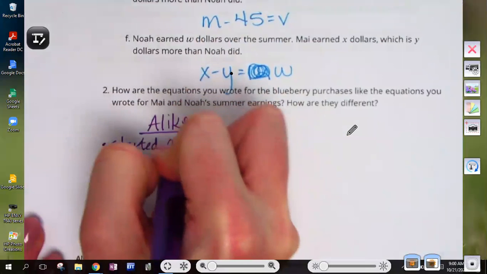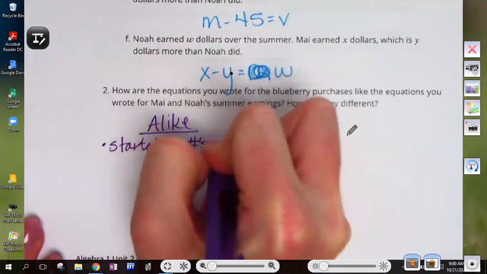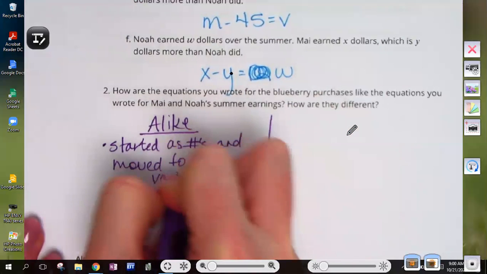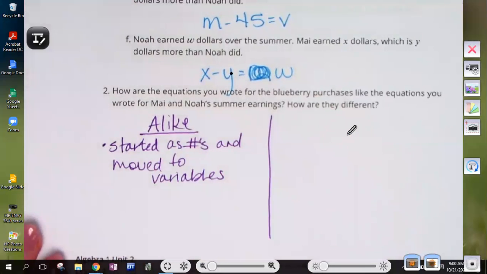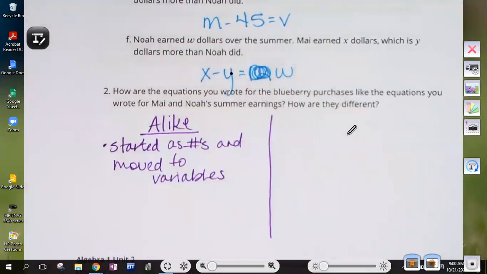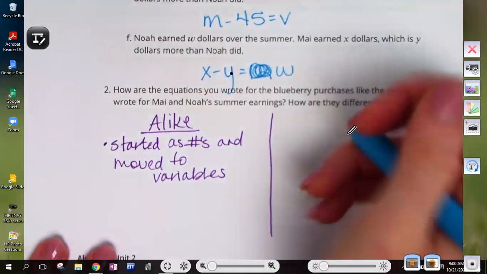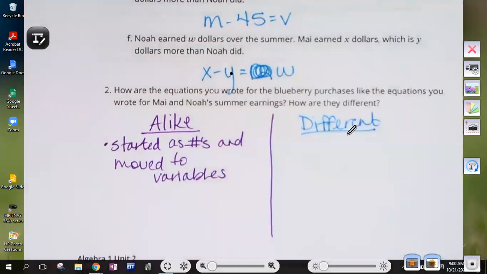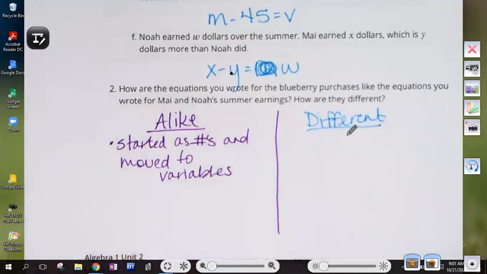Started as numbers and moved to variables. Are there any more things y'all found that were alike about them? Do they all work with 3 quantities? Yeah, they did. You don't have to write that one, but they did.